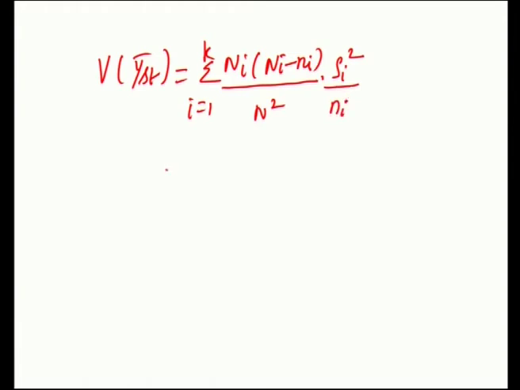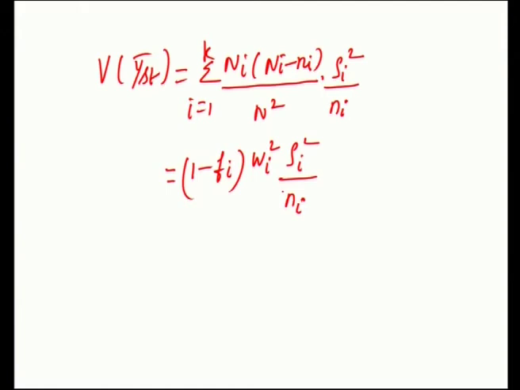This can also be written as (1 minus fi) into Wi squared into Si squared by ni. This Wi squared is the stratum weight and this is the sampling fraction.